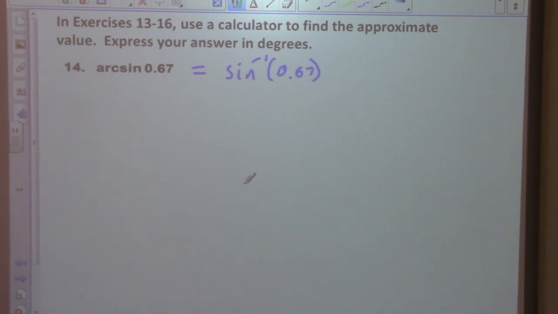And then for problems 17 through 20, you have the same thing but in radians. So let's go through this pretty quickly here.